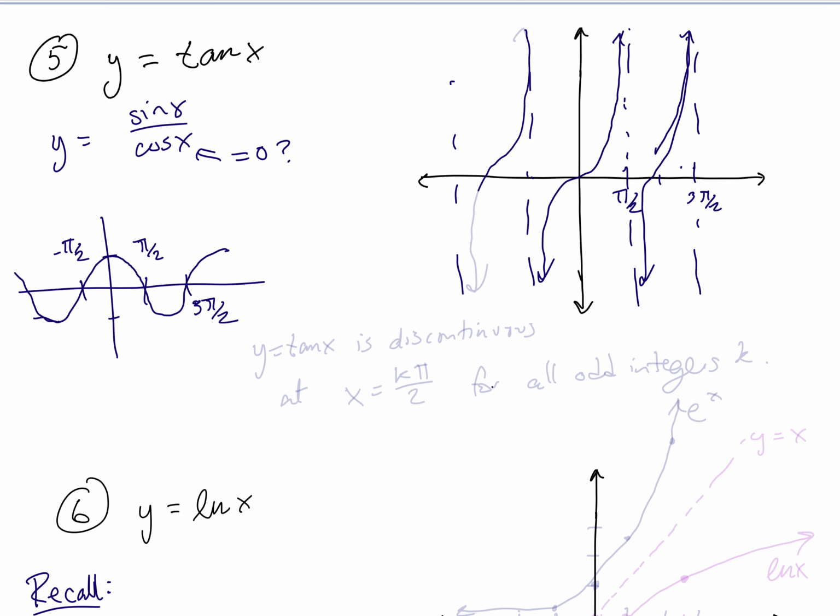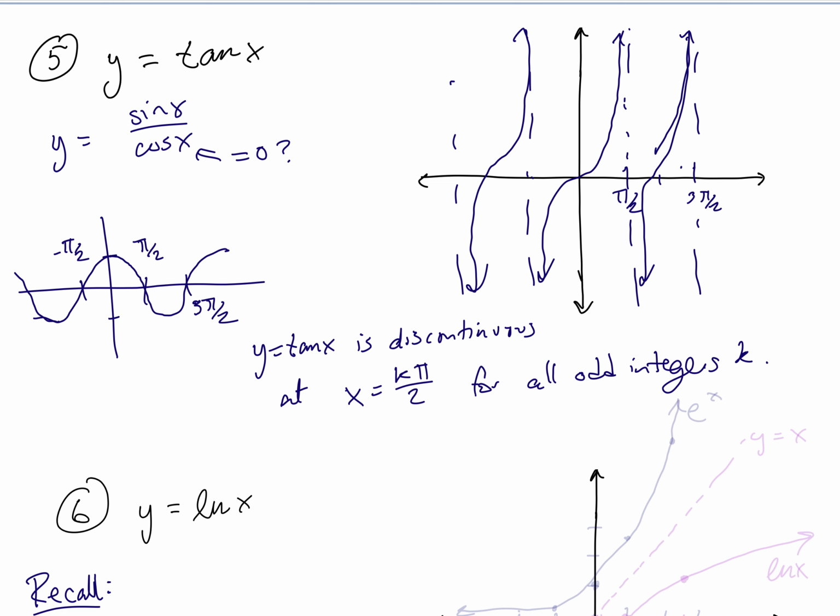Okay, and so that tells us that we've got these infinite discontinuities at all odd multiples of pi over 2. So we could say that y equals tan x is discontinuous at x equals k pi over 2 for all odd integers k is one way that we could describe that.